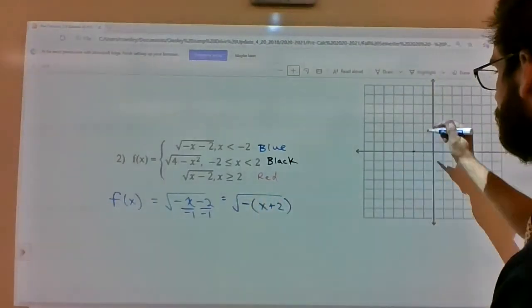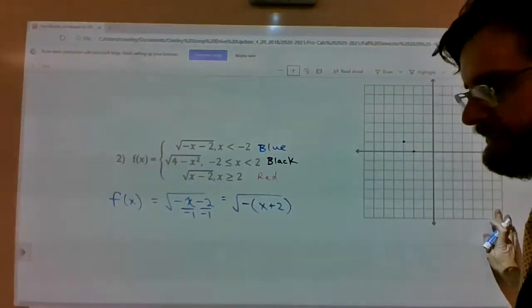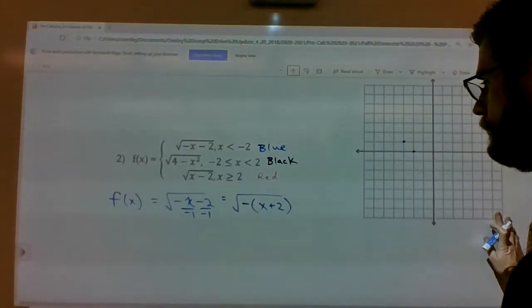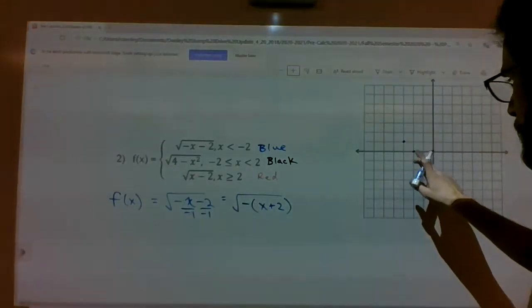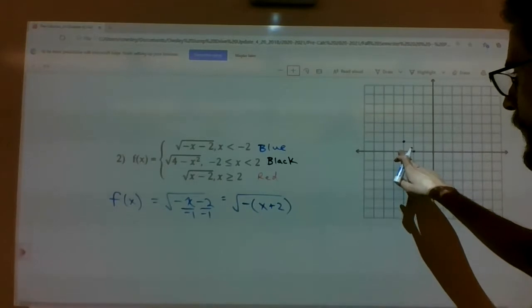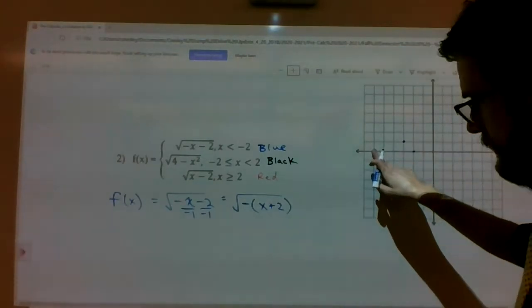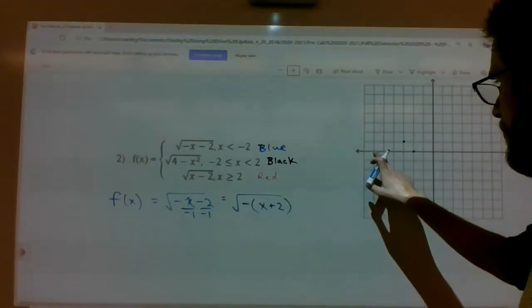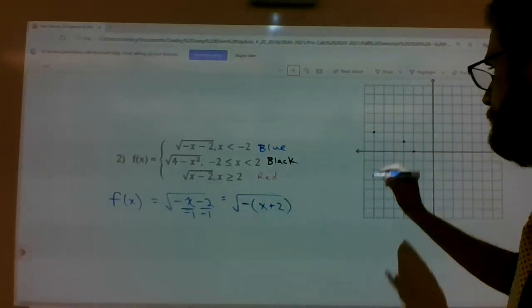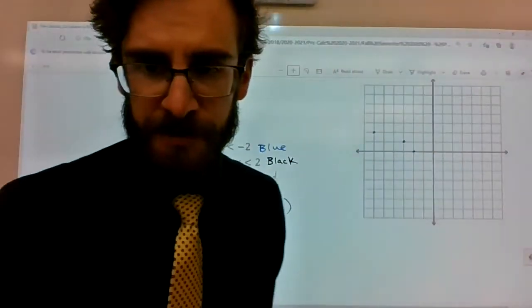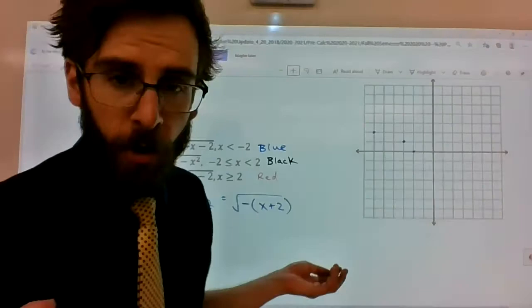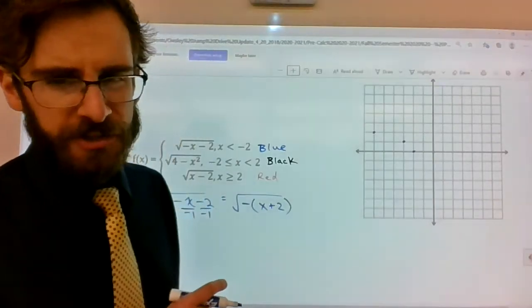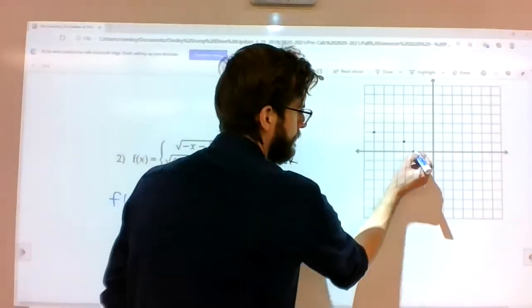Make that negative, it's going to be positive 1. And then I could plot the next perfect square, 1, 2, 3, 4. From the start, it's going to go up to 2 here. Again, you guys could plot a bunch of points by plugging into the calculator. By all means, do that to check. Just make sure you understand how this structure works.